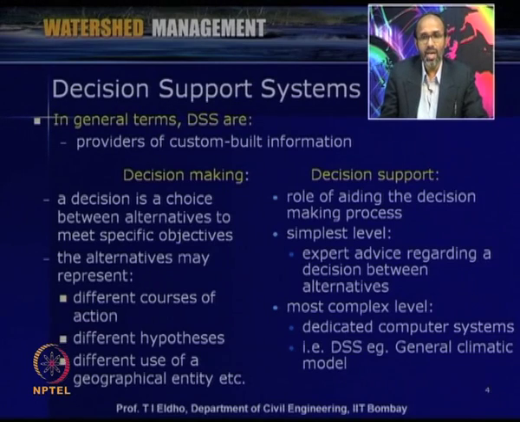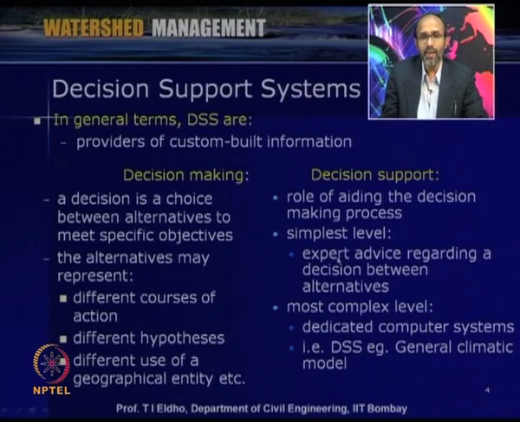The role is to aid the decision maker in the process. At the simplest level of decision support there can be an expert advice regarding a decision between the alternatives. So, the engineers or scientists make different alternatives, and the decision maker has to take the decision by considering the various aspects of the different scenarios.